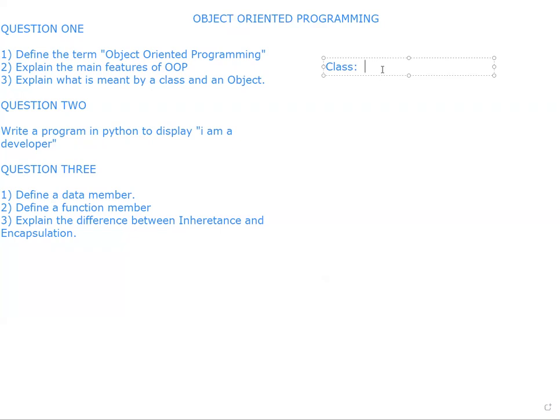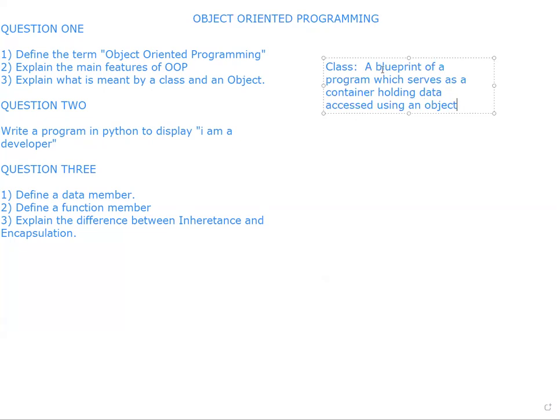So a class is referred to as a blueprint of a program that serves as a container for the data accessed using an object. Then an object, I'll define them together so that it's made easy.